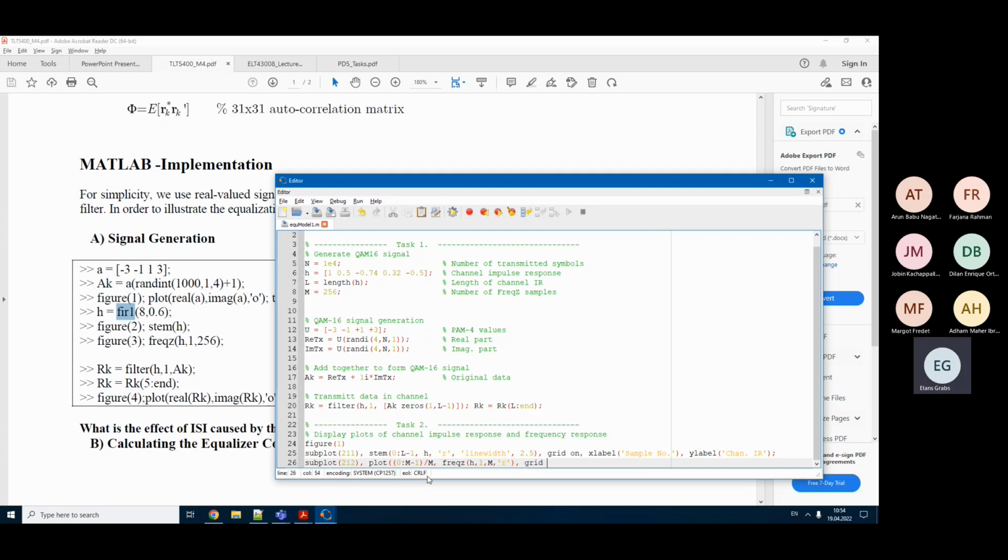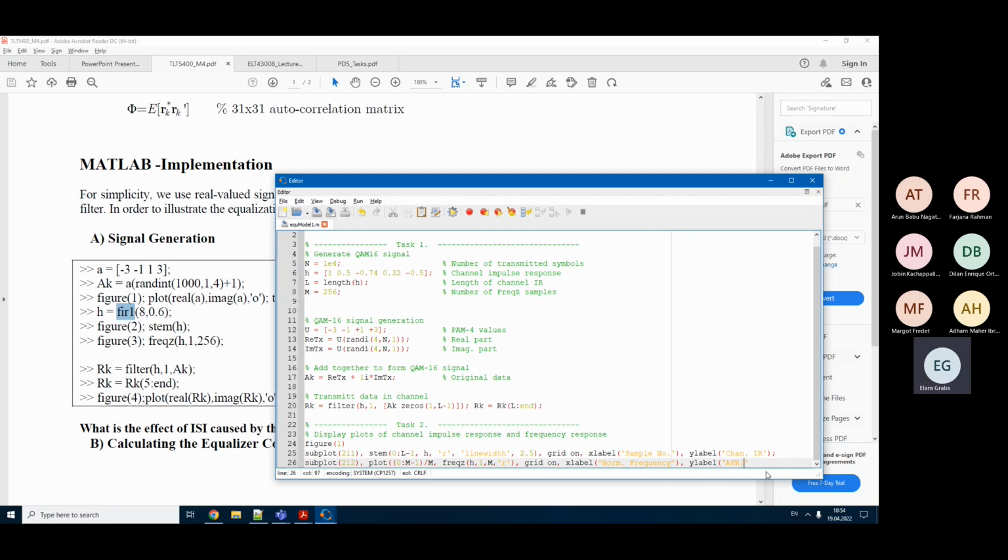So grid on, X label, frequency. Well, normalized frequency, and Y label is going to be AFR, absolute frequency response.